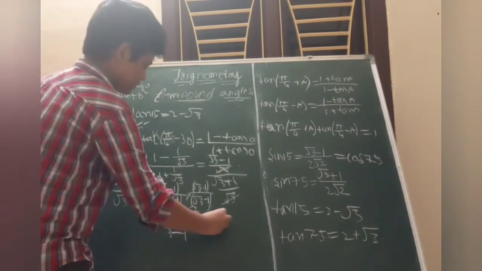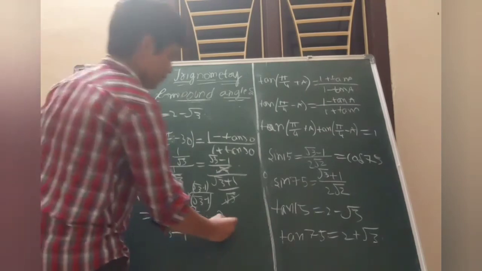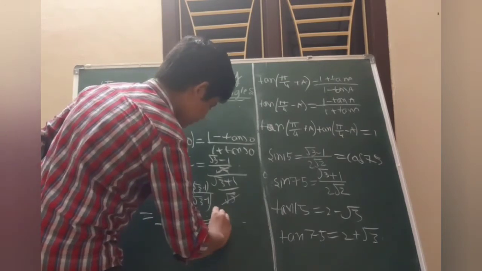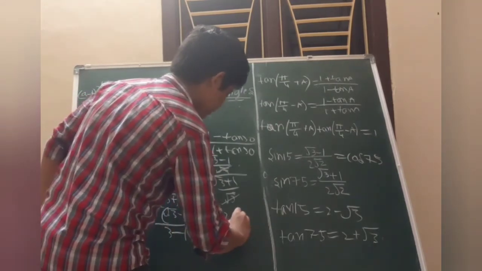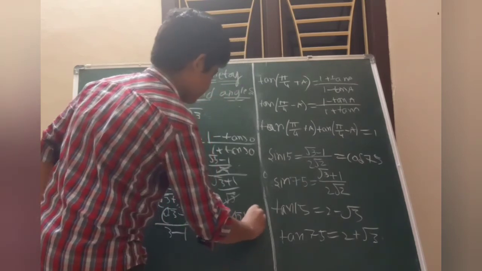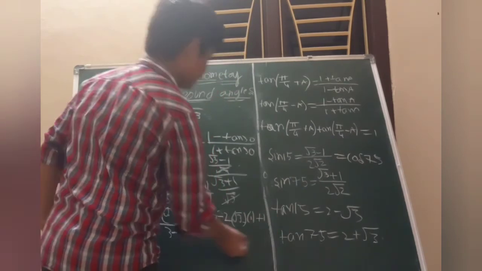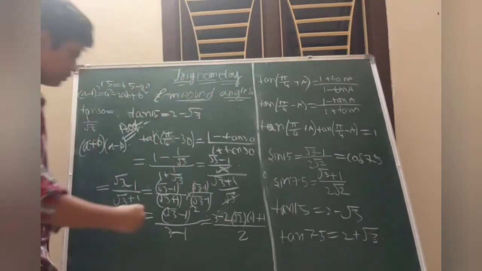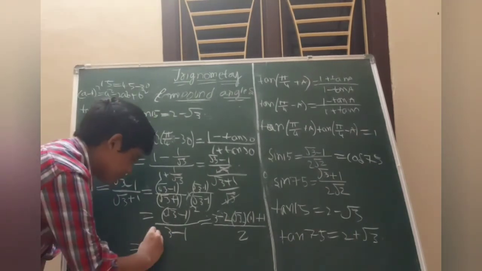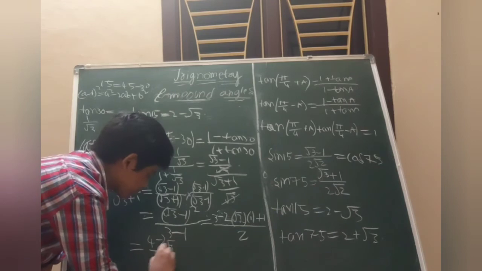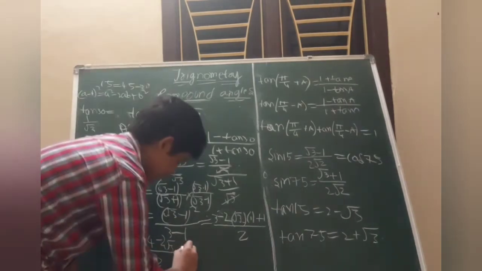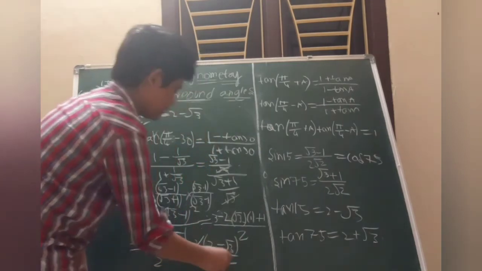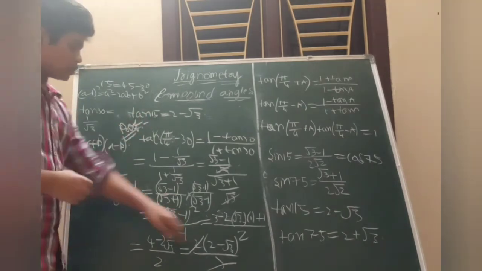So here it becomes root 3 whole square, that is 3, minus 2 into a, that is root 3, and b, that is 1, plus 1 square, that is 1, by 2. So the value becomes 4 minus 2 root 3 by 2, and if we take 2 common, it becomes 2 into 2 minus root 3 by 2. Here 2 gets cancelled, so the final answer is 2 minus root 3.